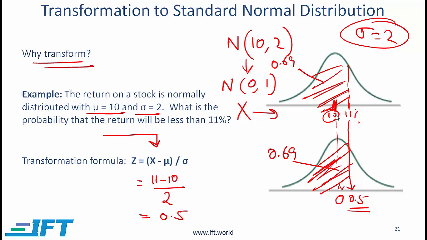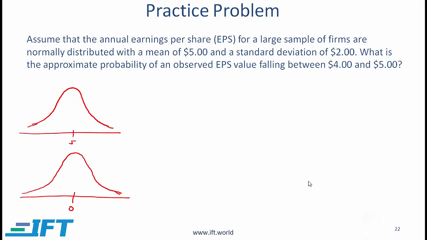And if we are interested in the probability that the return is greater than 11%, then that is simply 1 minus 0.69, which would be 0.31. So hopefully this helps you understand why we need to do the transformation, and the formula that you must memorize is given right here. Let us look at a practice problem now.